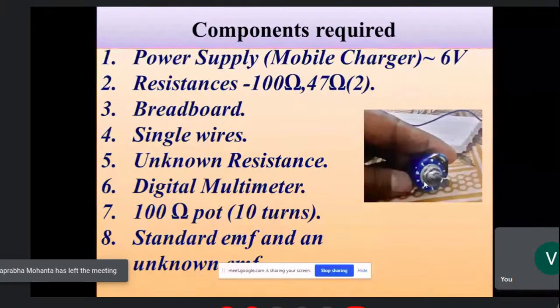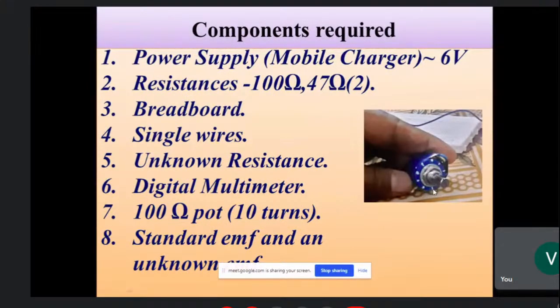Also in the opposite direction we can put 4 evenly distributed marks, and we'll get the 10 divisions in this pot. In 10 turns, we will get the 10 divisions for the 100 ohm pot.